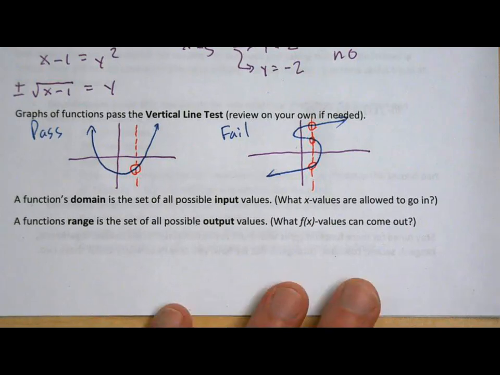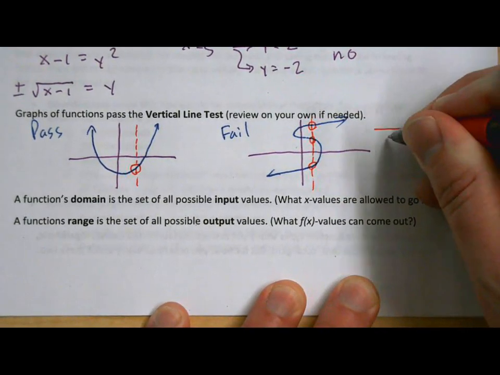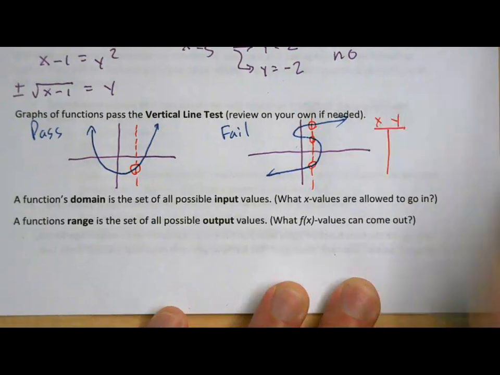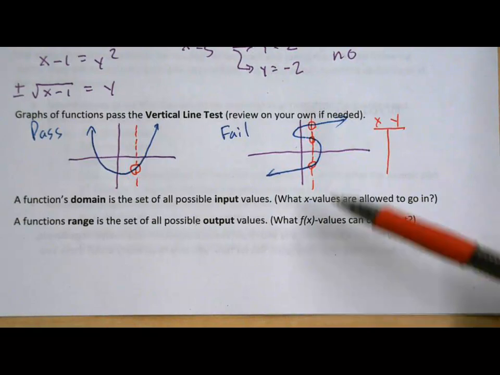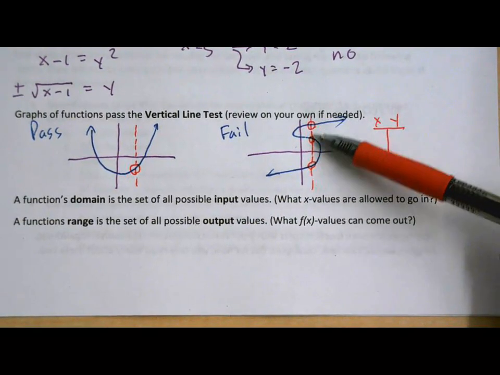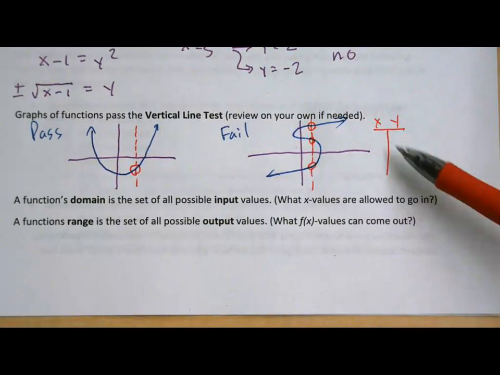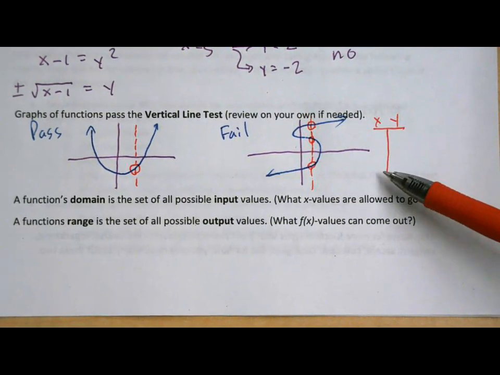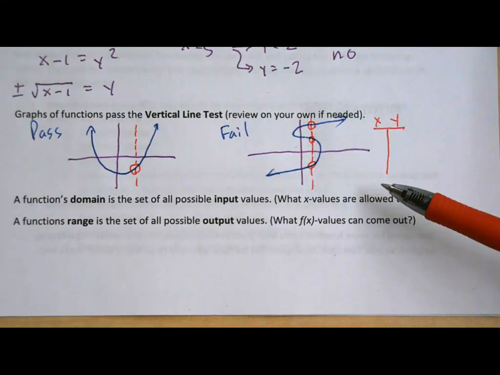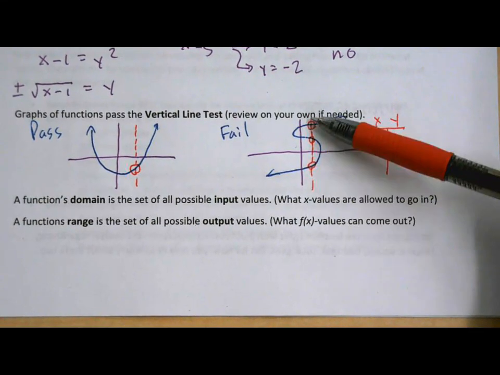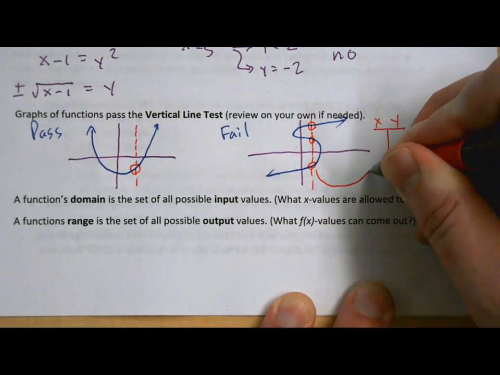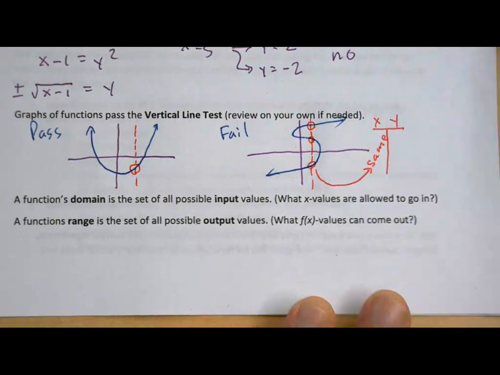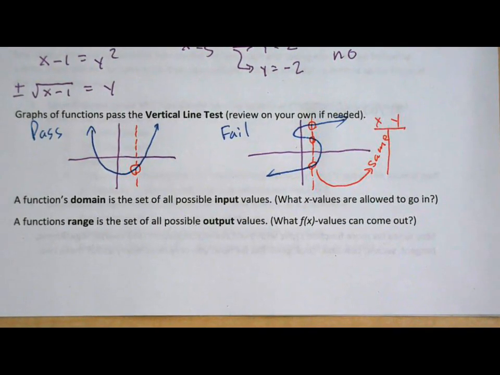Okay, I like that. I like that you were talking about tables. So if I made an XY table and I just tabulated these three points, what would you see in the X column for those three points? They'd all be the same. These points are stacked on top of each other, so the X coordinates should all be the same. But what about their Y values?